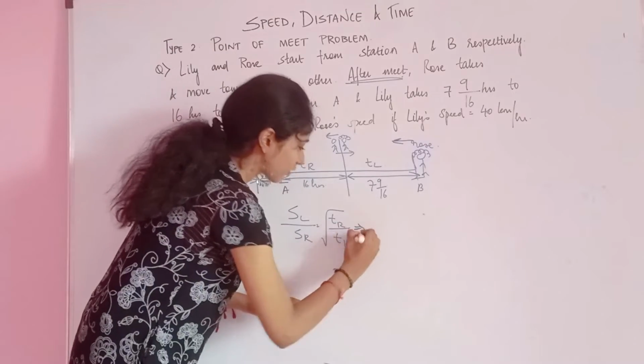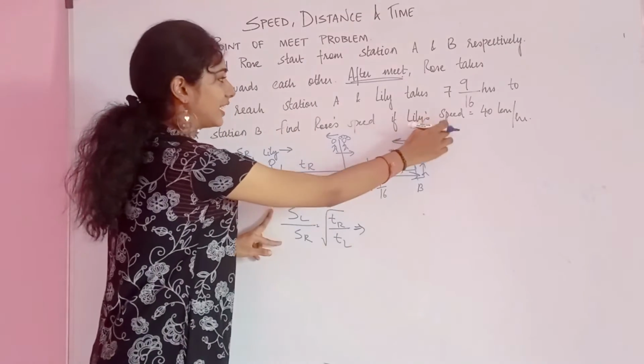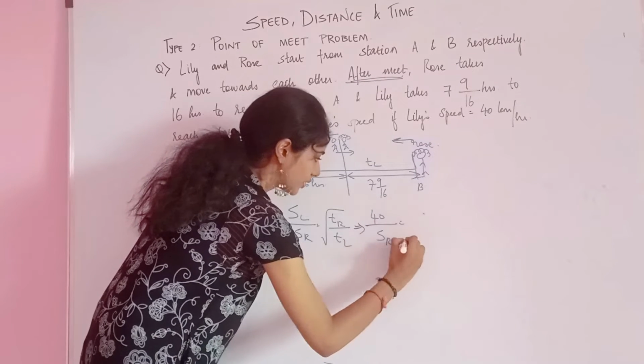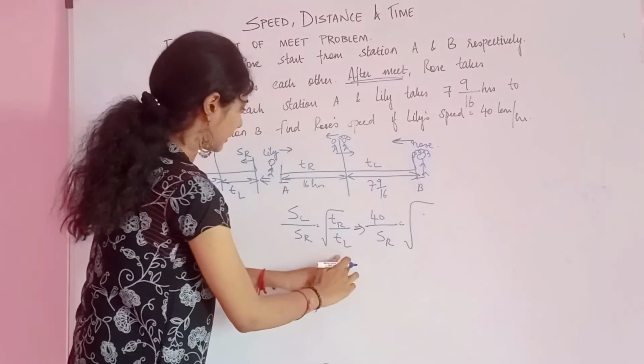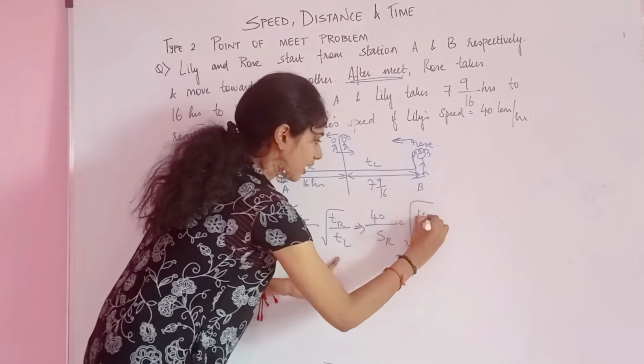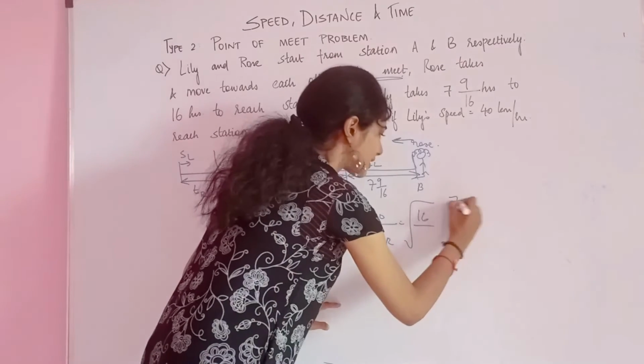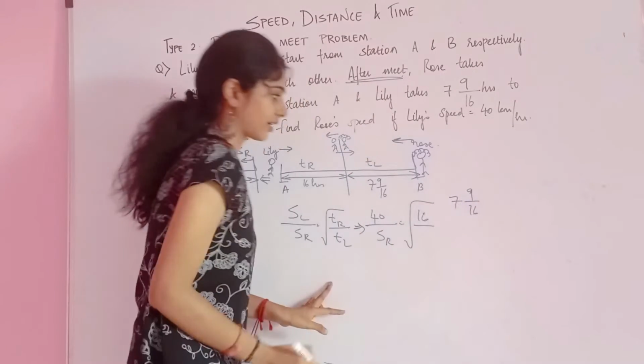So when you apply this formula, we know that given the speed of Lily is 40, divided by SR is equal to root of TR divided by TL. So what is TR? 16 hours. And 7 9/16 is basically a mixed fraction. How can I write it?